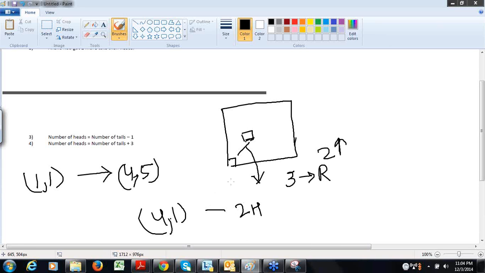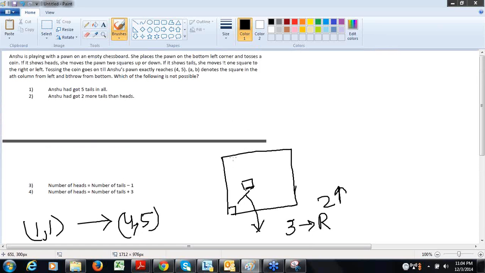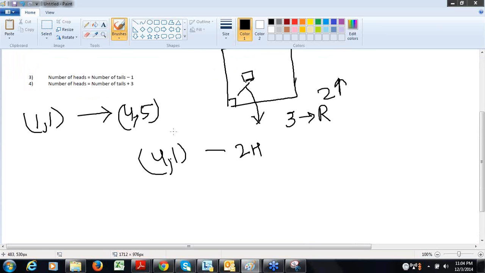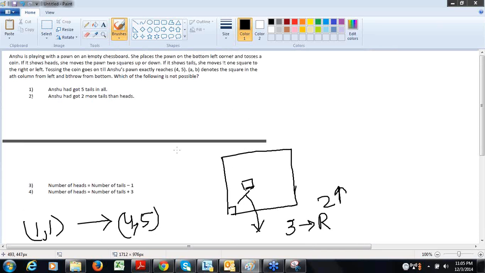So in that case what happens? Ashu has got only total 5 tails in all. So option 1 has got 5 tails in all. So option 1 can again be eliminated, because it is saying that 4 1 it has reached. Now reaching 4 1 by 3 tails, and now it is getting 2 tails again.